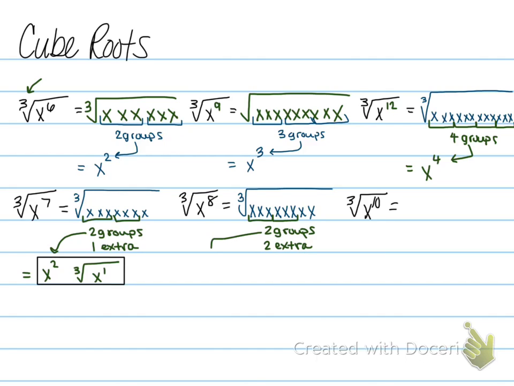My 2 groups give me x squared, and my extras stay inside this cube root house. Do not forget to put your 3 on top of the radical. For cube roots, you could have 1 extra or you could have 2 extra. When you're making groups of 3, you could have 1 extra or you could have 2 extra.